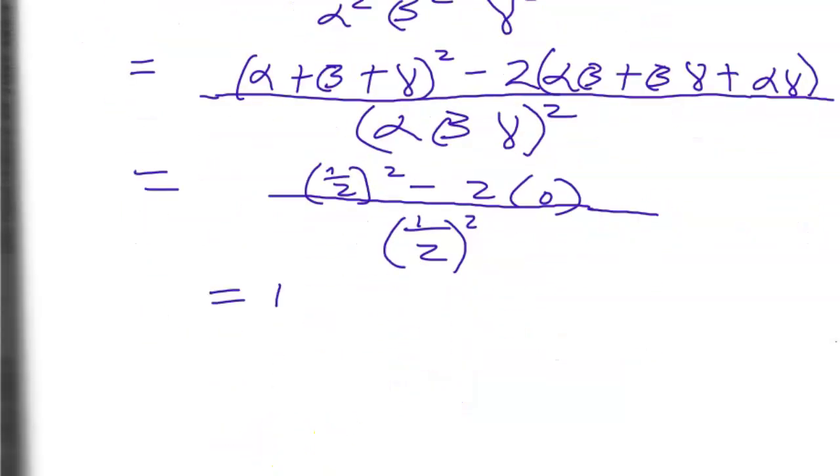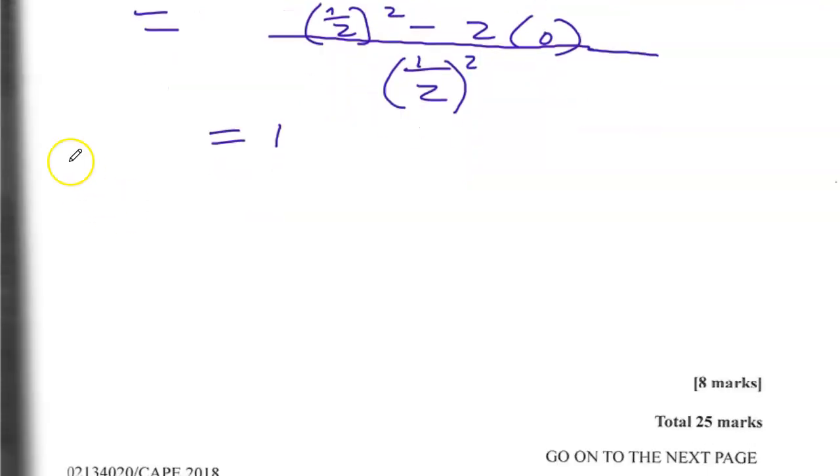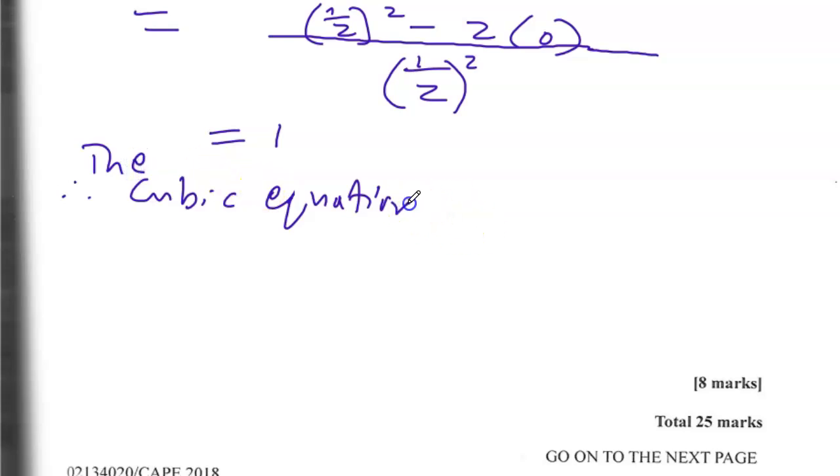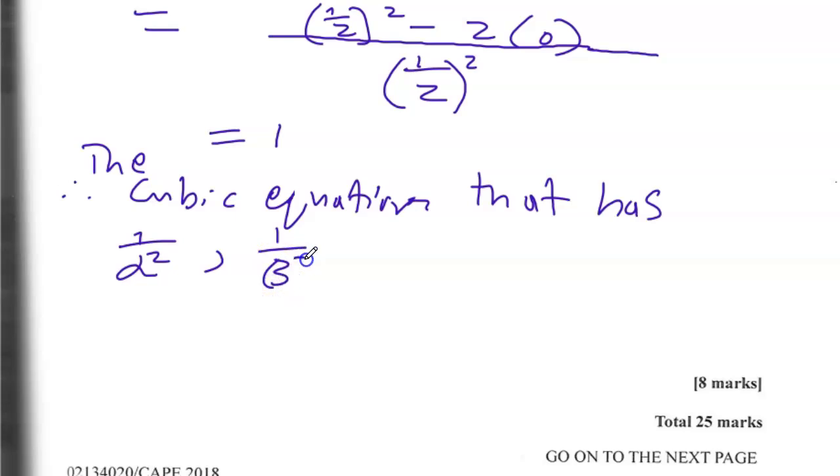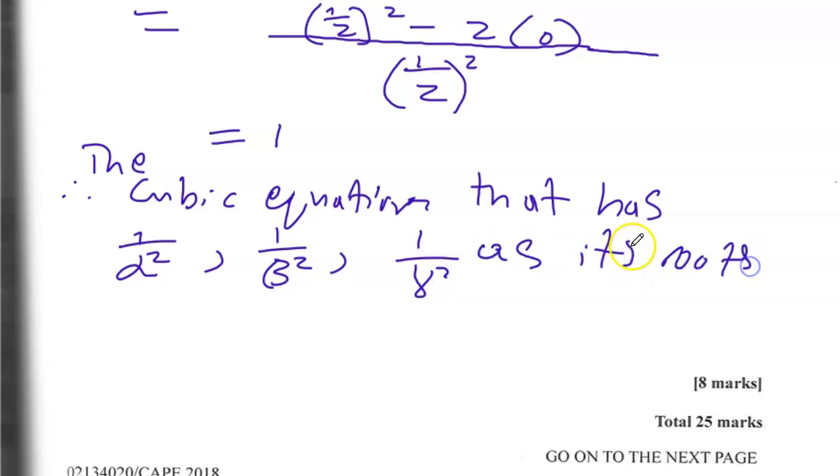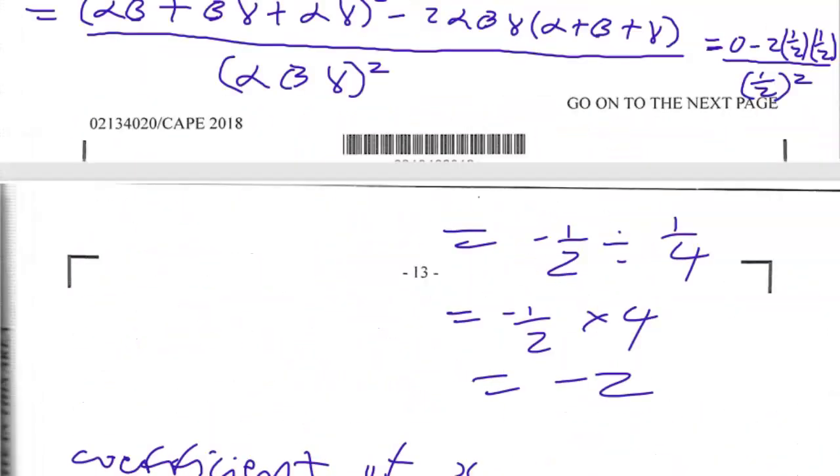So therefore, let's write the solution now. Therefore, the cubic equation that has 1 over alpha square, 1 over beta square, and 1 over gamma square as its roots is x cubed... Let me just go back.